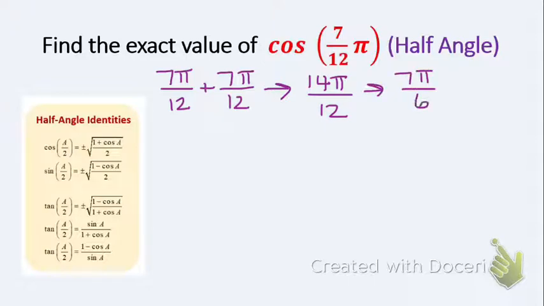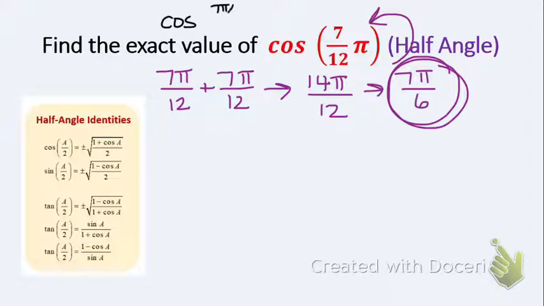So what that tells me is half of this angle is going to give me 7 pi over 12. So I'm going to take half of 7 pi over 6. In order to find this identity, I'm going to take the cosine of 7 pi over 6 all over 2. And that's how I'm going to do that.